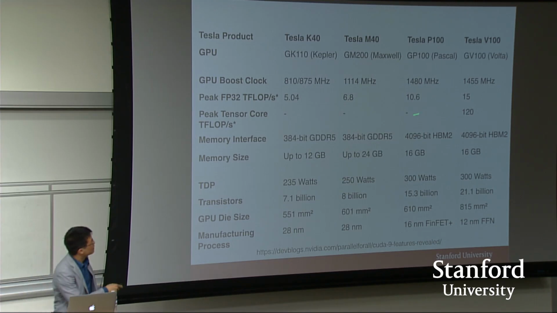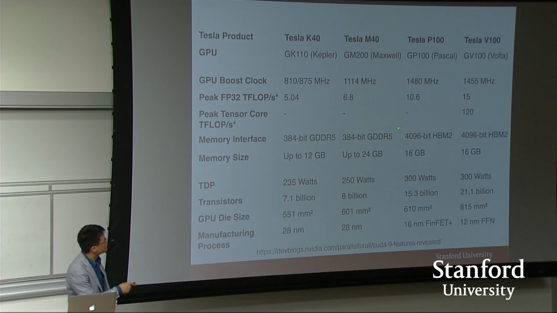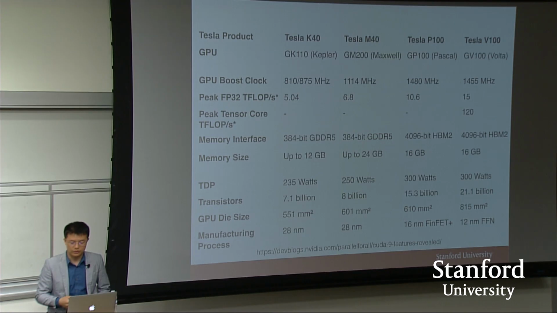And from the Volta generation, there begin to be Tensor Core units, which never existed before. Before Maxwell, the GPUs were using GDDR5, and then after the Pascal GPU, HBM came into place, the high bandwidth memory, 750 gigabytes per second. Here, 900 gigabytes per second, compared with DDR3, 30 gigabytes per second.